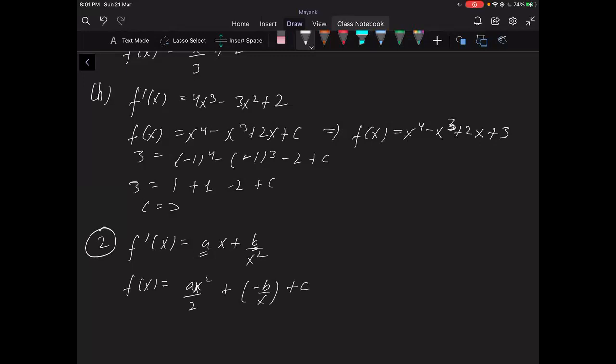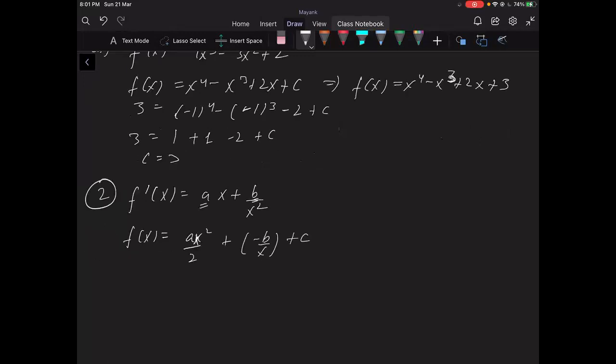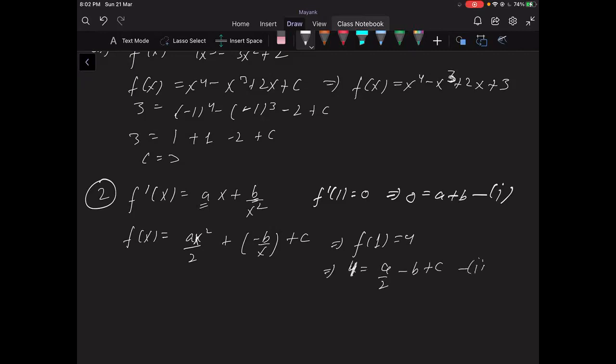Yes. And there are three conditions. What are the three conditions? First condition, they have given f prime 1 is 0. So I'll just say that 0 equals a plus b. That's my first equation. What is the other equation they gave? f(1) is 4, or I could say that 4 is equal to a by 2 minus b plus c. That's my second equation. And last thing, they said that it also passes through the point (minus 1, 2).